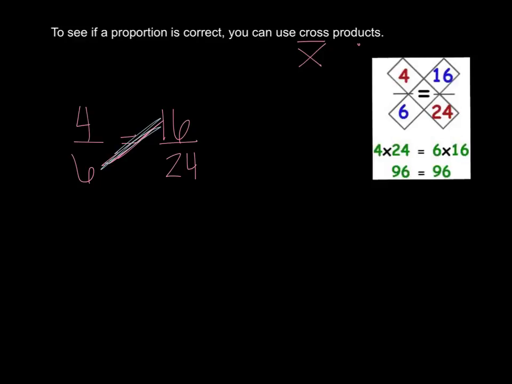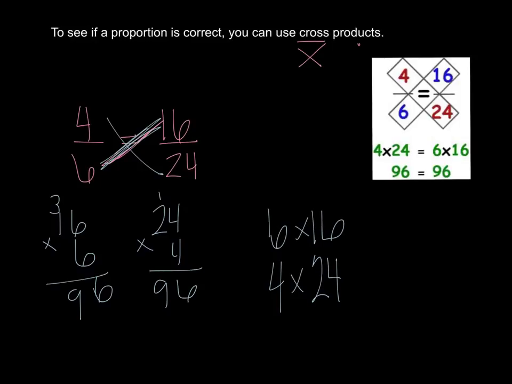So 6 times 16 and 4 times 24. They should equal the same number if our proportion is correct. So let's figure that out. Yep, 96 does equal 96, so yes, this is a correct proportion.